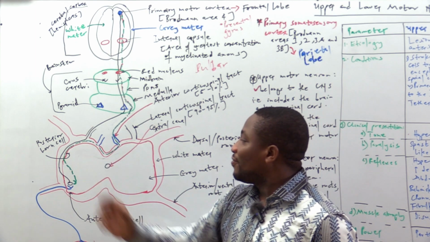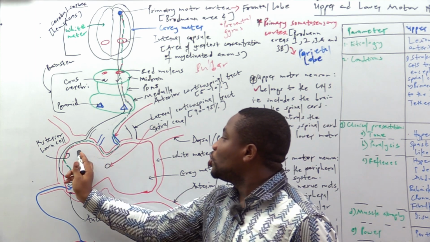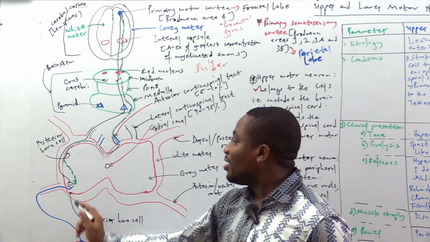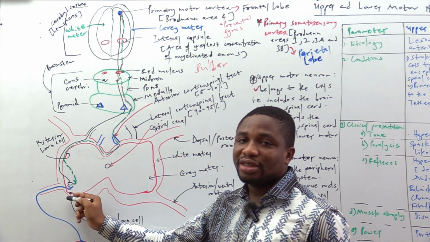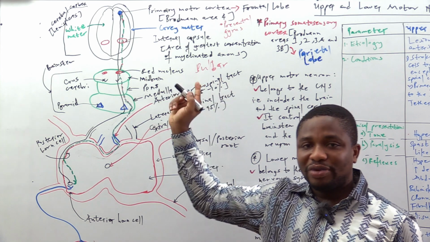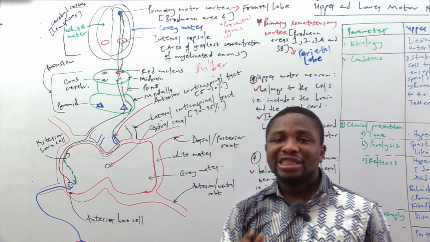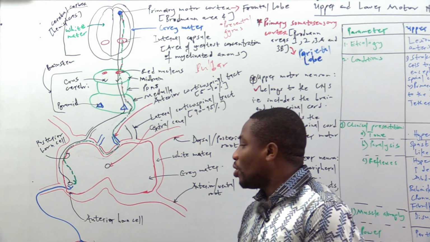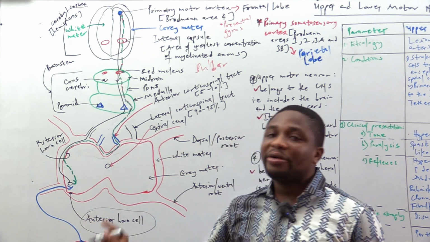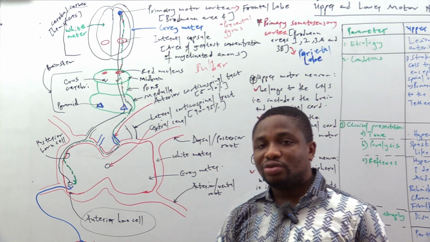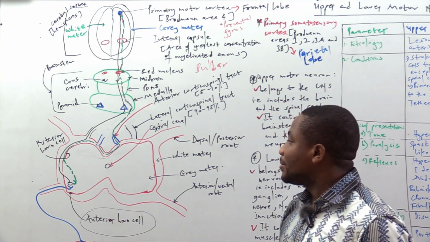Then we have what we call the posterior horn cell. Then we have what we call the anterior horn cell. And for this topic, the upper and lower motor neuron lesions, our reference point is going to be the anterior horn cell. We are going to be making a lot of referencing to that. So take note of that.